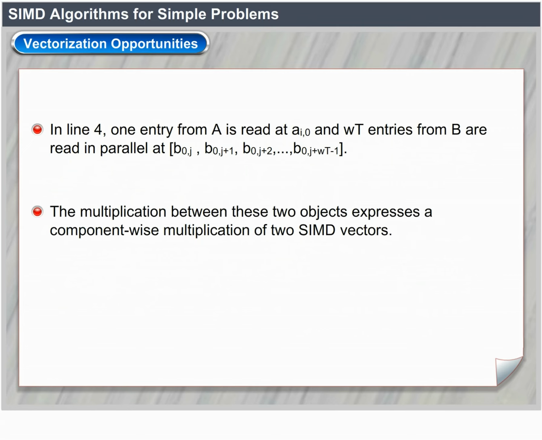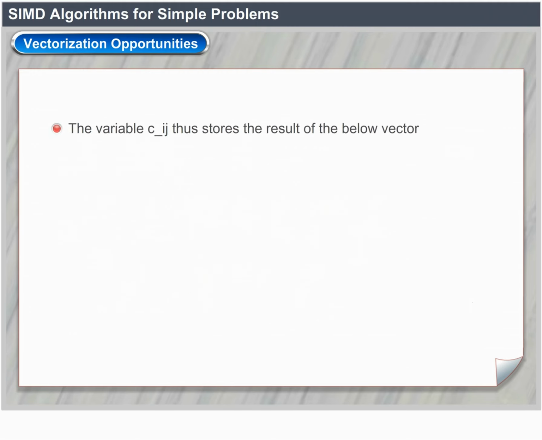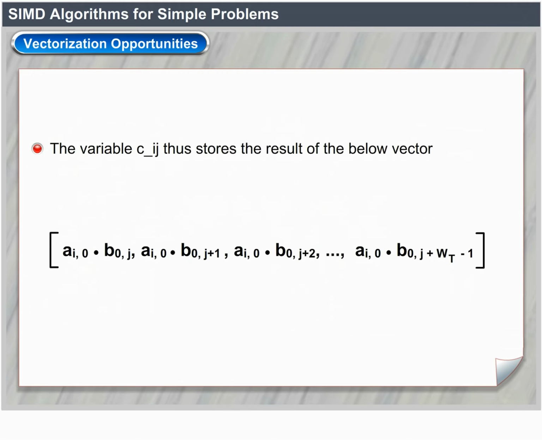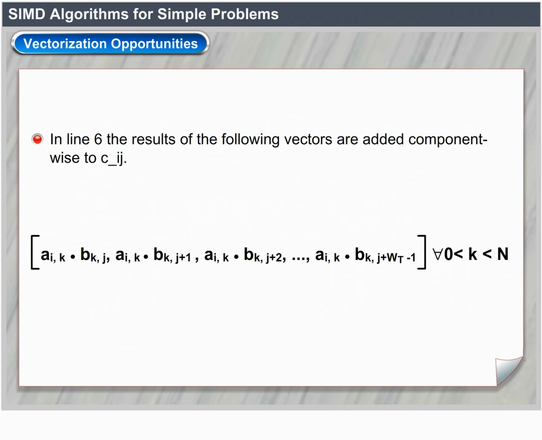Therefore, the a_i,0 value is broadcast to a full SIMD vector with WT entries, all containing the a_i,0 value. The variable Cij thus stores the result of the below vector. In line 6, the results of the following vectors are added component-wise to Cij.